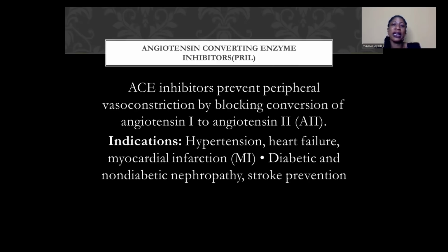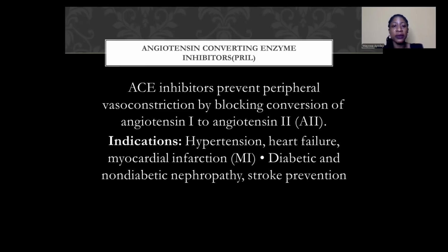So this medication ends in PRIL, lisinopril, captopril. You will know that this gives you a clue that they are angiotensin converting enzyme inhibitors. From the word inhibitors, that means they are inhibiting something. They are antagonizing something.